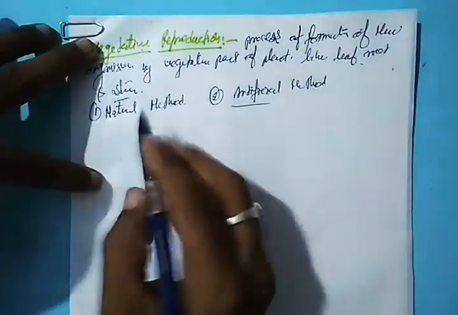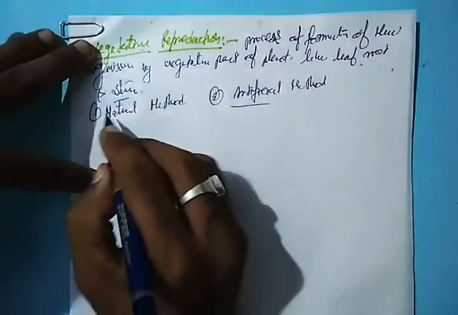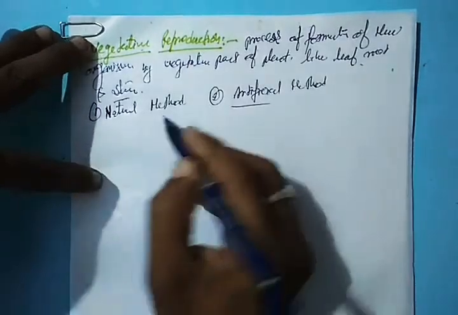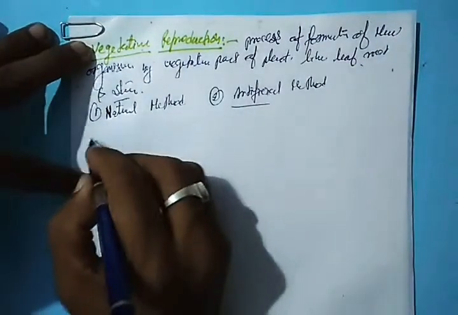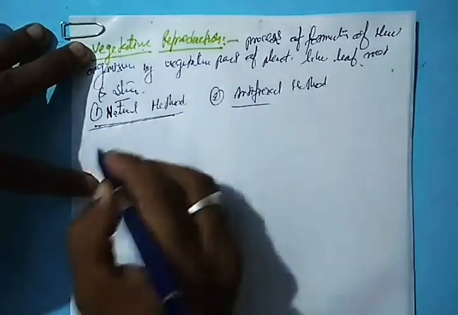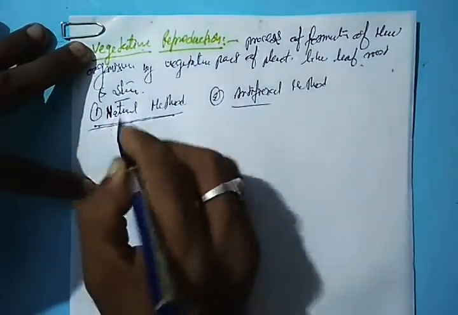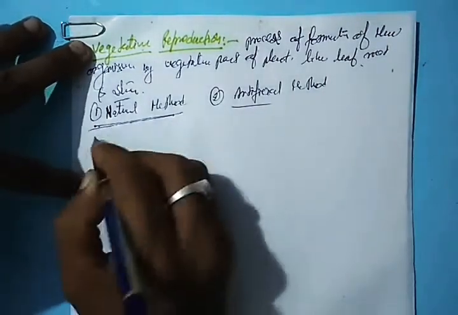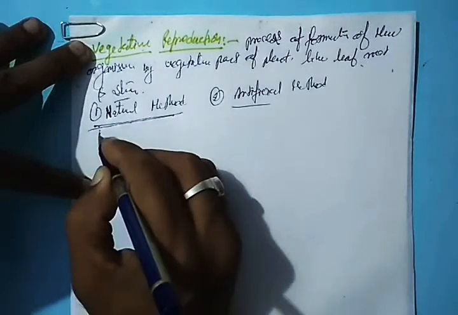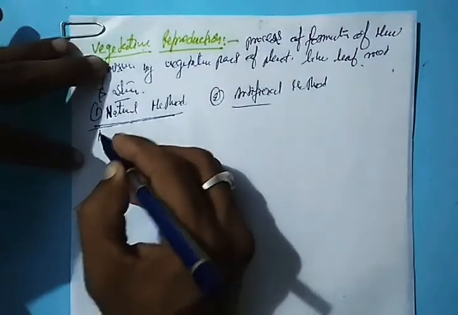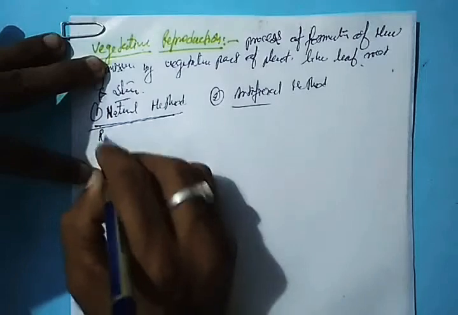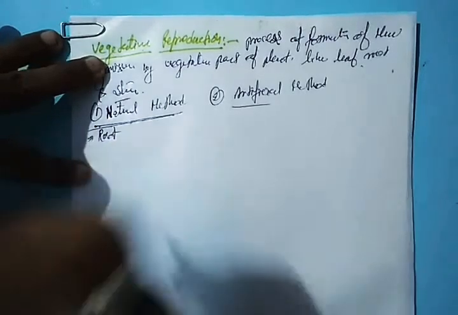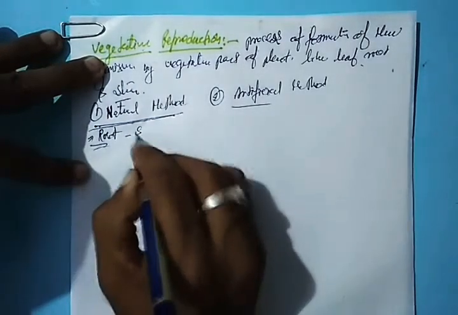Let us study the types of natural method first. In the natural method, in nature, some roots of a specific plant germinate into a new organism, like sweet potato.